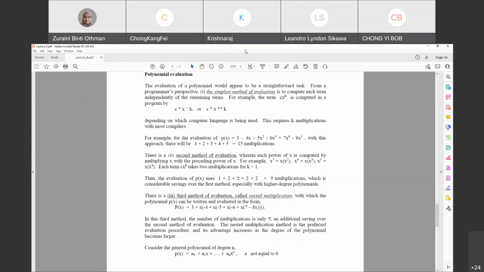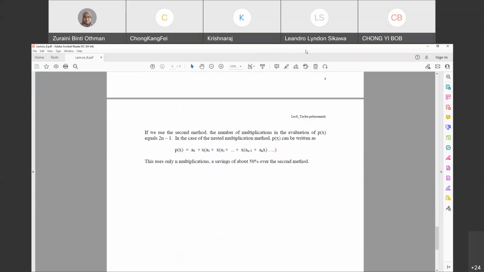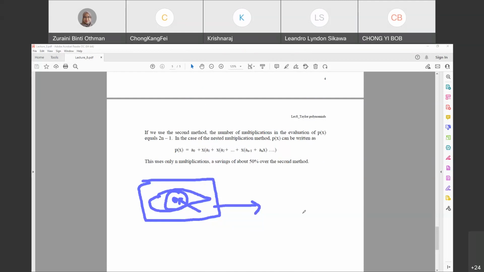Okay, apa yang saya guna dekat dalam Taylor polynomial ni dalam saya punya research ialah bila kita ada satu gambar, kita ada mata, ni mata kan? Okay, ni mata. Okay, then I want to detect the iris. Okay, apa yang saya buat, saya guna artificial intelligence punya method which is supervised learning.